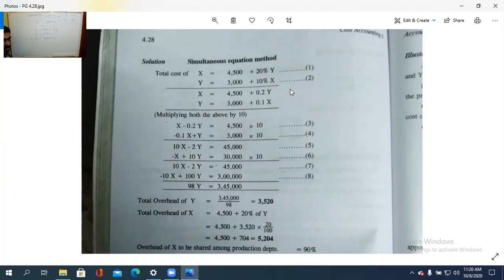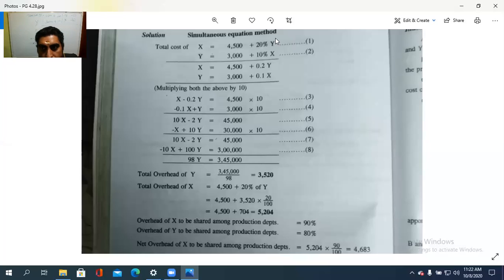The reason is we need to remove the decimals, isn't it? So we change it like this. And here minus 0.1x plus y is equal to 3,000 into 10. Multiply both equations by 10.